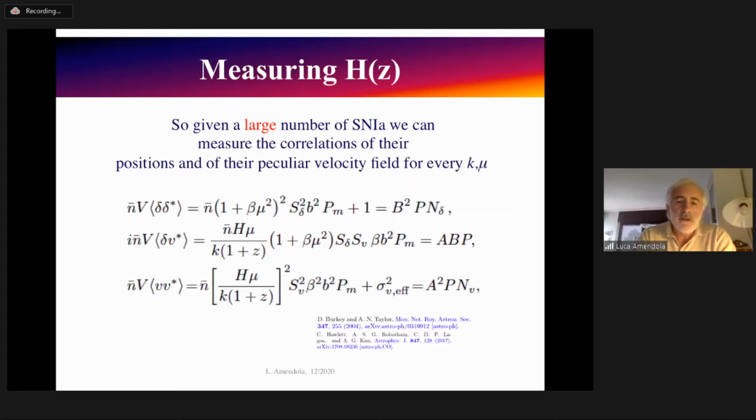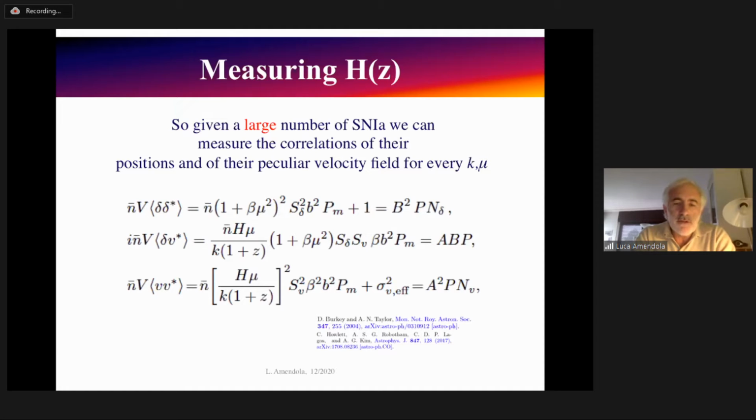Now, what is left to say is that we combine these three observables, which are the correlation of position, delta-delta, the correlation of peculiar velocity, vv, and the correlation delta-v. And these are the observable quantities.